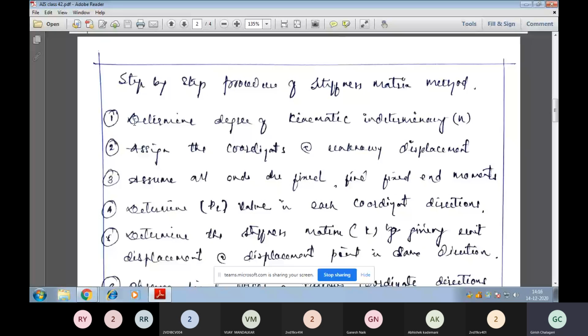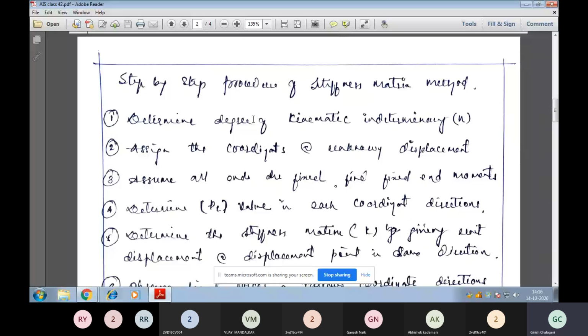That will become the number of unknowns here. So the number of unknowns will be the degree of kinematic indeterminacy, or the degree of freedom, as we call it. The second step, once we know the degree of kinematic indeterminacy, is to select some of the joints, meaning the forces, assumed as indeterminacy. So we assign a coordinate at that displacement point in the direction we have removed.